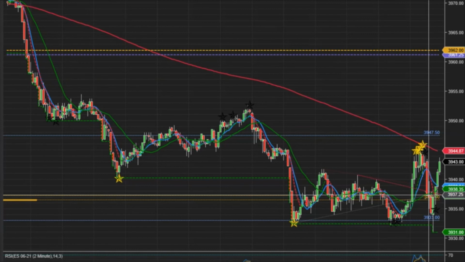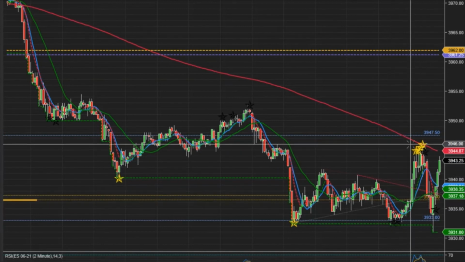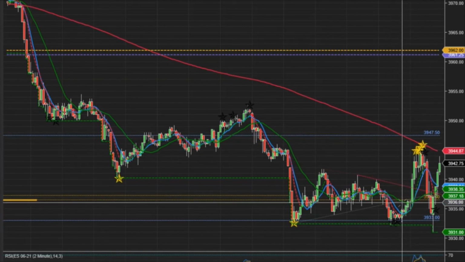Stimulus check coming in, people are buying stock, buying the futures, even the S&P 500, or they're just buying the stocks that are in the S&P 500, driving the price up, or are they putting that stimulus check money in Bitcoin? Who knows? I mean, there's really nothing that has changed since yesterday, but you can see that the price can move like that very quickly. It's just not me and you.